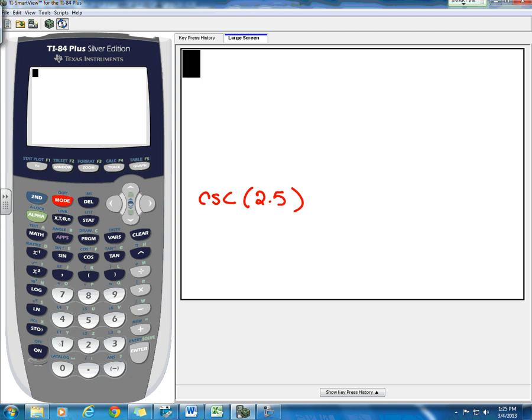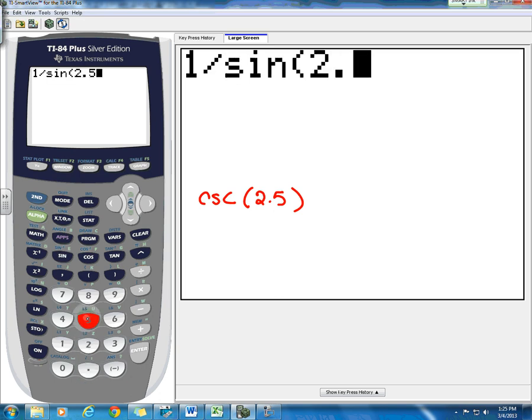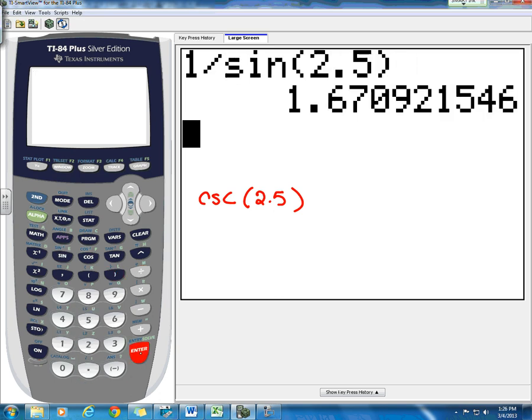So I'll type in 1 divided by the sine of 2.5. And I get an approximation of 1.671. So you should become good at using your calculator for evaluating trig ratios that are not commonplace, not the 45-45 or 30-60 right triangles, and it will be okay for you to use your calculator during those times.